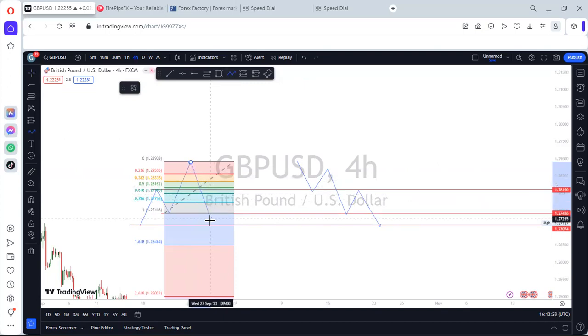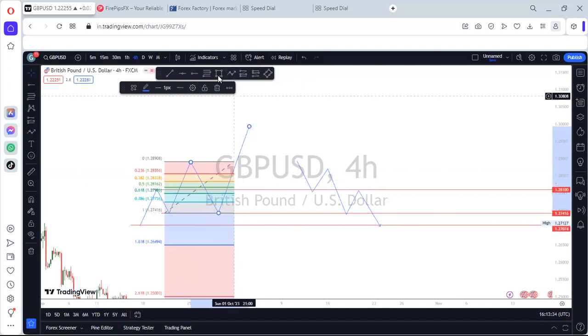As long as the market does not break out of this zone right here, it is still an uptrend, right? The market is still bullish, as long as the market doesn't break this level.